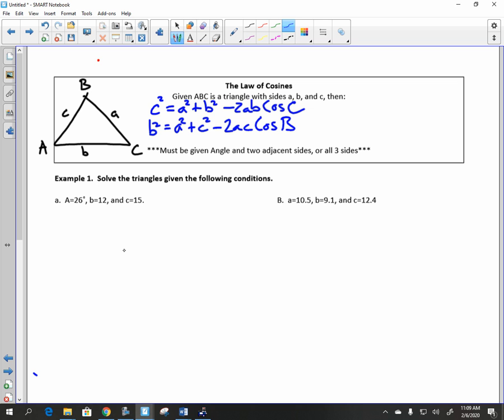If you're looking for side c, you need angle C. It gives you the opposite side. And finally, a squared is b squared plus c squared minus 2bc cosine of A. You got it.